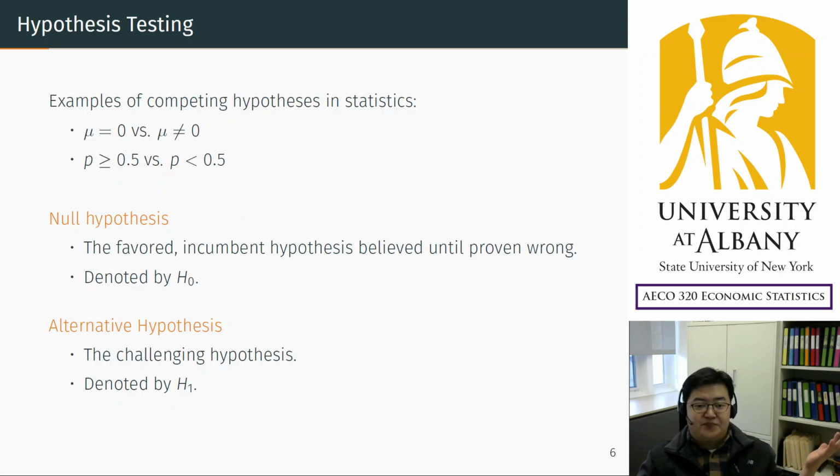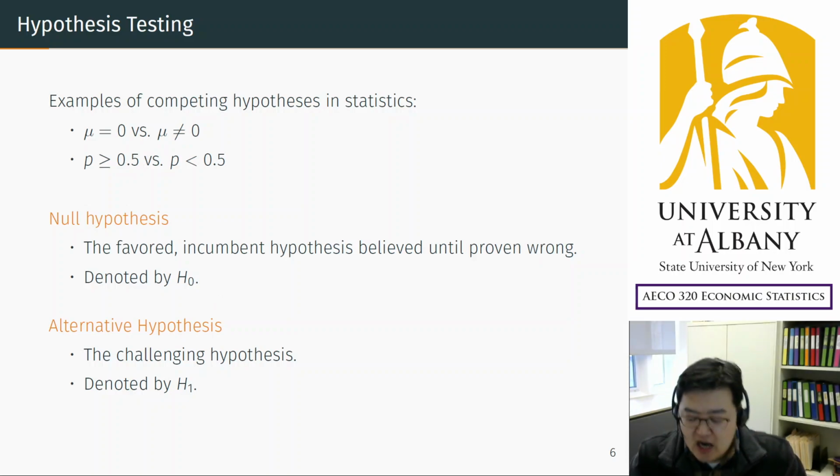That's your belief, and you are going to believe it until there is super clear evidence showing that it is wrong, right? So null hypothesis is the formal name for this. The null hypothesis is the incumbent hypothesis that is believed until it is proven wrong. We are going to denote it as H0, null. So it's out of nothing. Even if there is nothing, you just believe it.